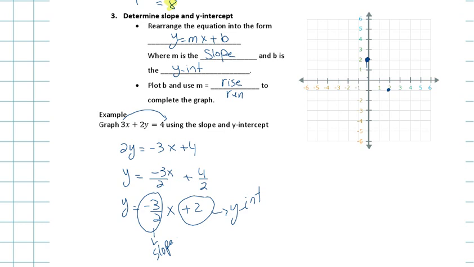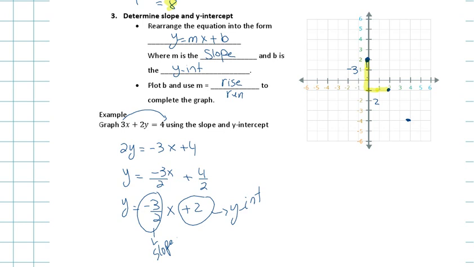So, we went down 1, 2, 3, and then over 2. Down 3, over 2. I'm going to find one more point. So from that point, I have to go down 3, 1, 2, 3, and then over 2, 1, 2. Do we get that?